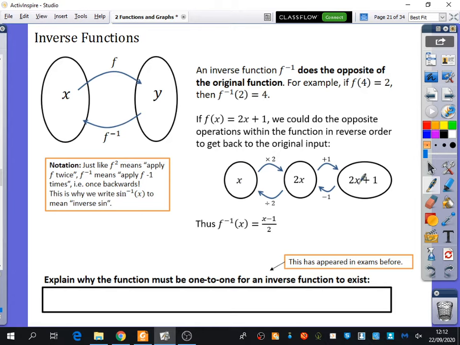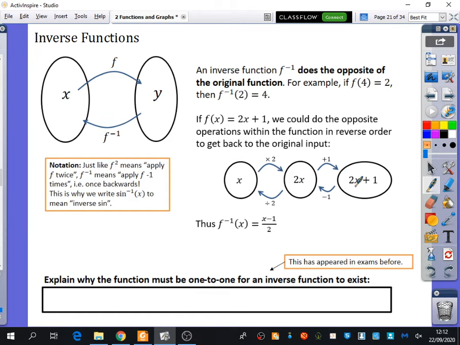So to go backwards, you would take away 1 and divide by 2. In other words, you would take your value, take away 1, and divide it by 2 to get to what the inverse function was. But you should never use these flow diagrams to do this, okay? You should do it with this next method I'll show you on the following slide.